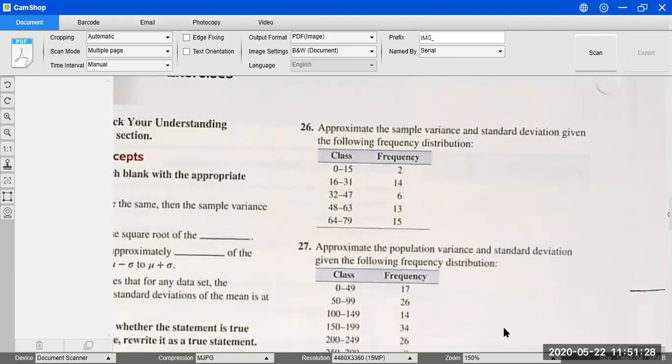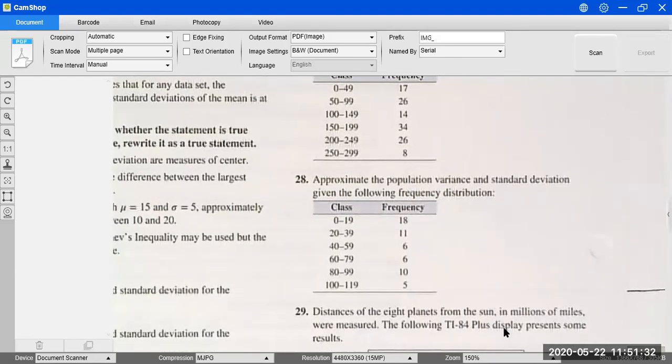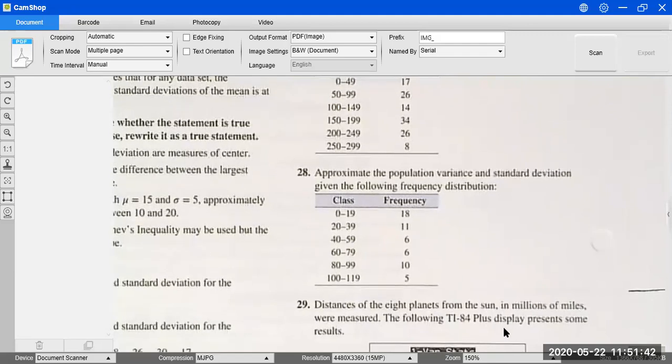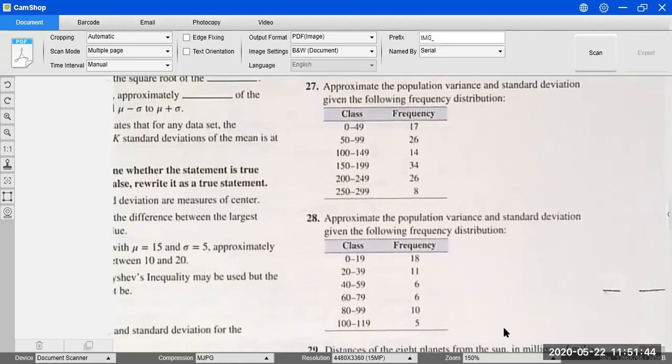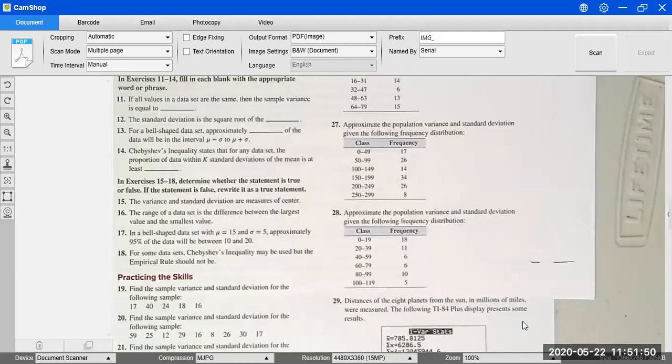Then you're going to work on problem 28. You have 6 classes in this case, and again frequencies 18, 11, 6, 6, 10, and 5. Solve these problems and send your results through Canvas in the usual way.